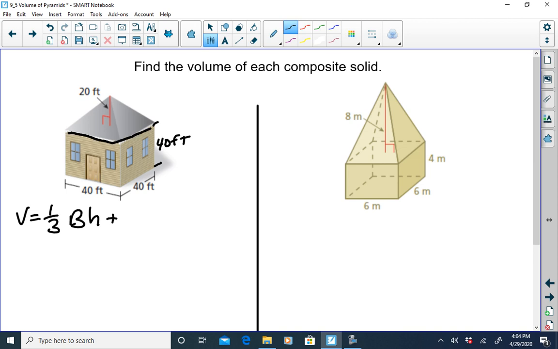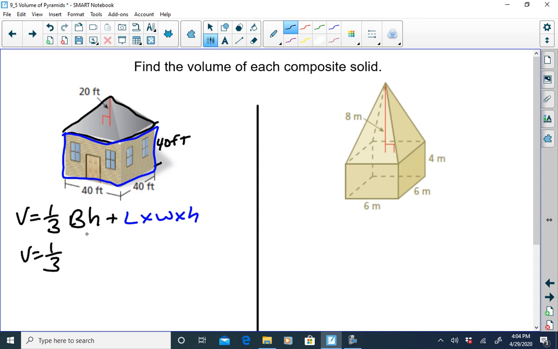The 1/3 base area times height, that's our pyramid. But in blue down here, we have to find the volume of that prism. And that prism is a rectangular prism, so that's going to be length times width times height. So the volume is going to be 1/3.